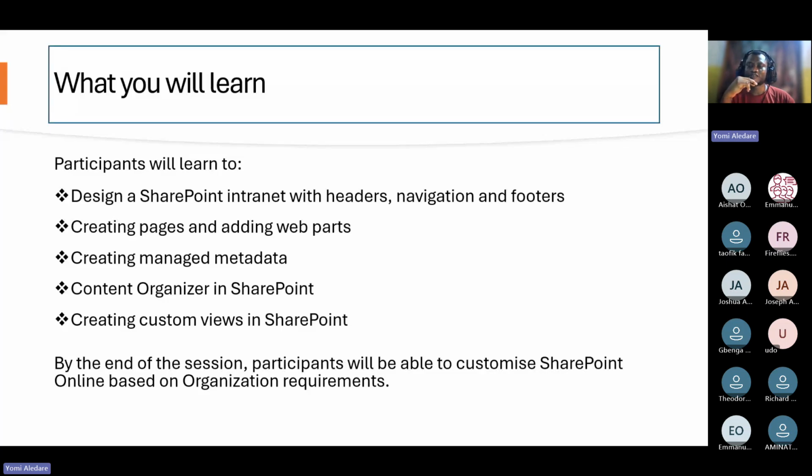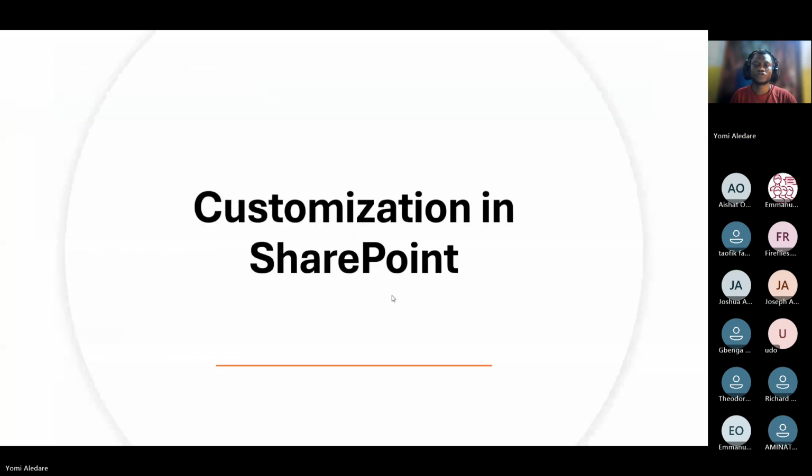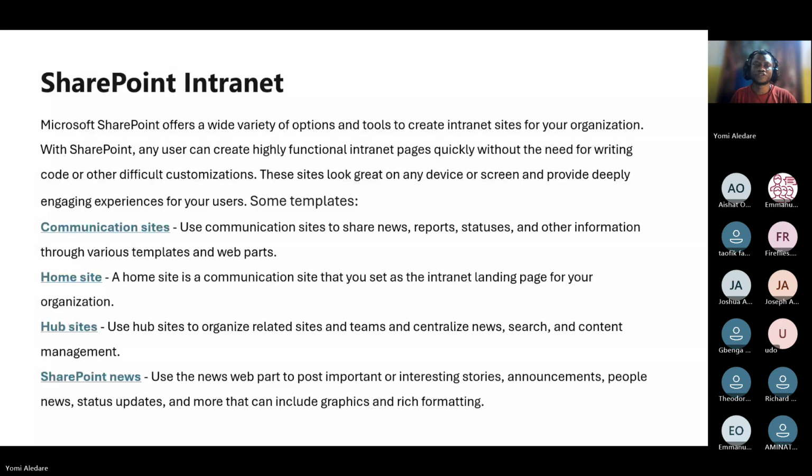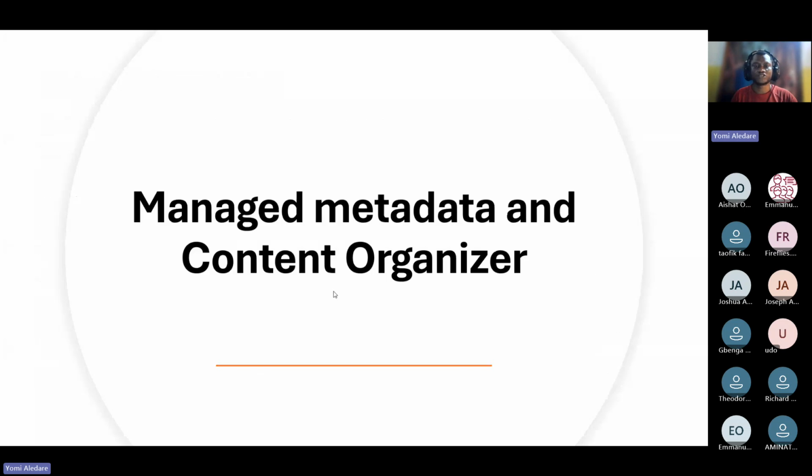And then lastly, how to build your own intranet in SharePoint. Some of us might already be familiar with what a SharePoint intranet is. It is simply your internal site and can come in the form of a communication site, a home site, a hub site, or SharePoint news. So you can have all of that as your site.